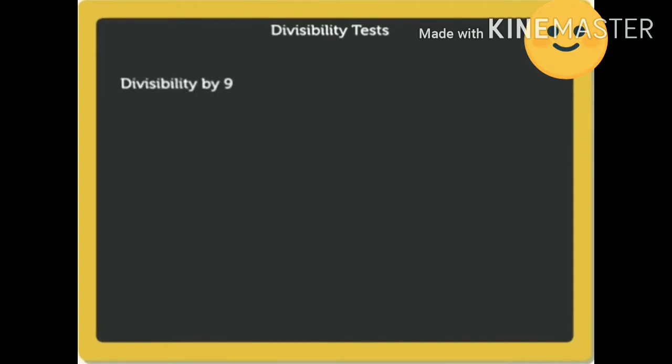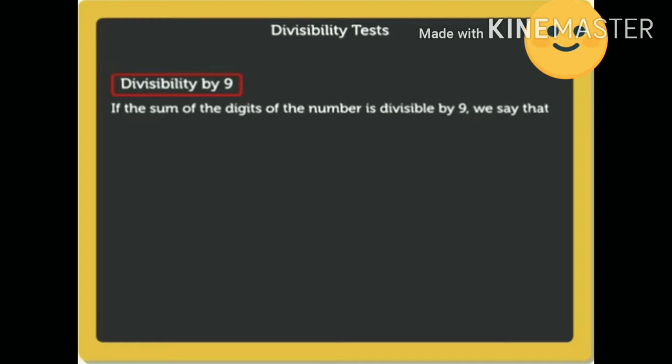Divisibility by 9. If the sum of the digits of the number is divisible by 9, we say that the given number is divisible by 9. For example, look at the number 7,29,639.